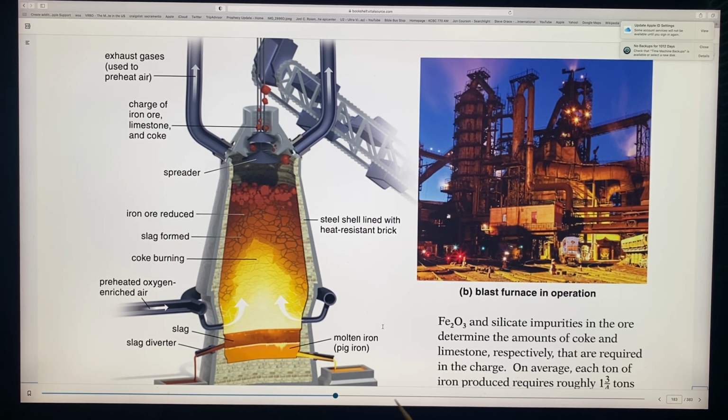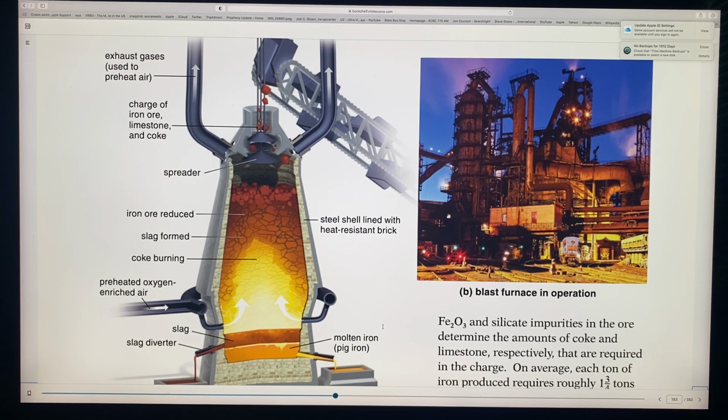So coke and limestone. In the coke, the coal is heated in these huge ovens of carbon, and each ton of iron produced basically requires 1 3/4 tons of ore to go through this. So we're talking about 1 3/4 tons, almost 2 tons of ore going through, 1/2 ton of coke, which is carbon, and 1/2 ton of limestone.